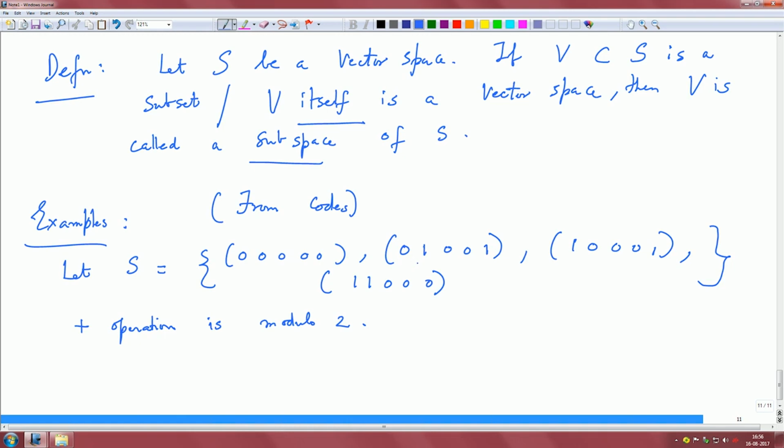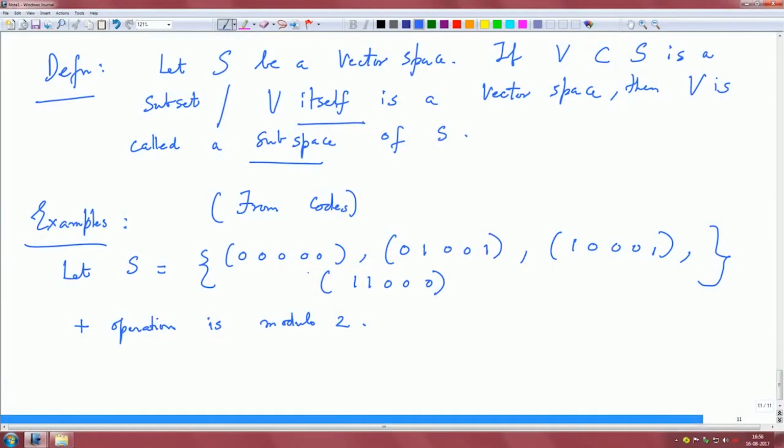So basically you will get this element. So closure is verified. Now if you add the same vector with itself under modulo 2, you get the null vector, right? 01001 plus 01001, under modulo 2 it is basically 0, it is trivial, right? So you can think about it as a self inverse.